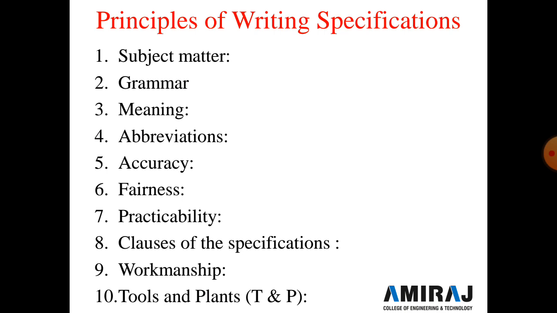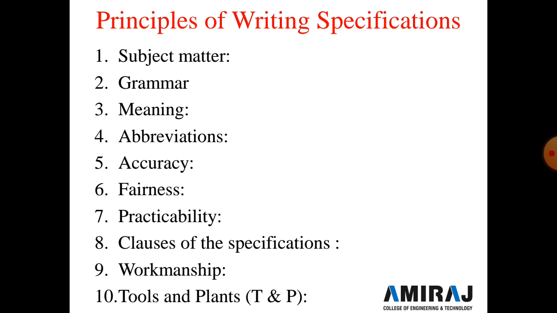Only those abbreviations which are well known in the building industry shall be used without giving any definition, like RCC, DPC, and PCC. RCC, as the whole construction industry knows, is reinforced cement concrete, DPC is damp proof course, and PCC means plain cement concrete. So this type of abbreviation is generally used without giving any definition.